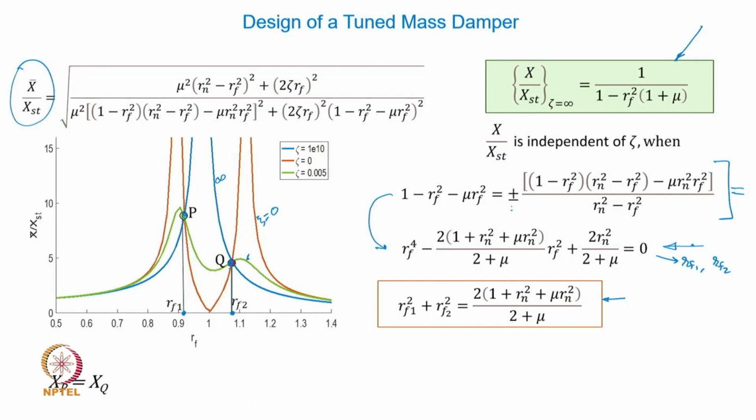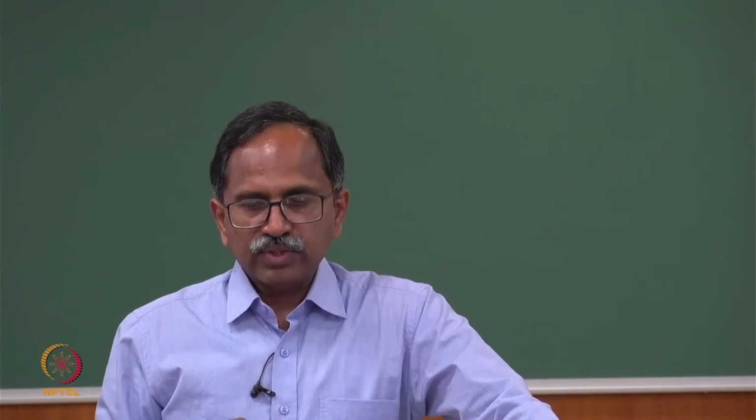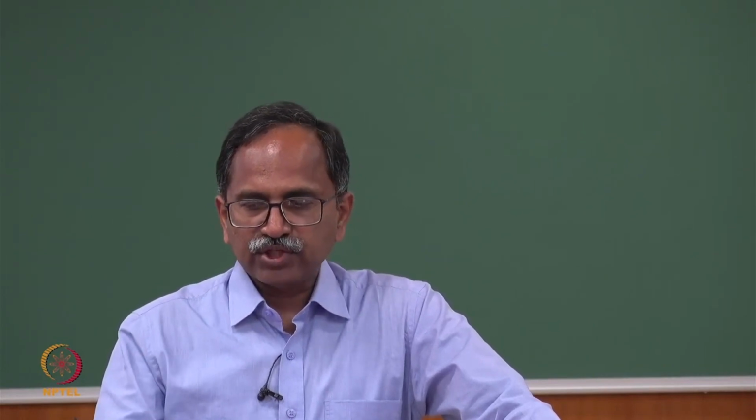We have still not decided which value of zeta we are going to use, but it is very clear that this expression will also belong to these points, because the curve of zeta equal to infinity passes through both p and q, right? So what I am going to do is I am going to use this expression.